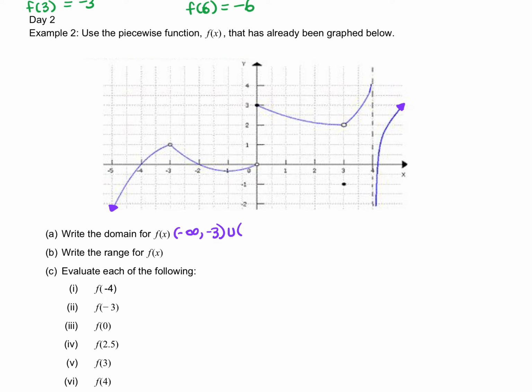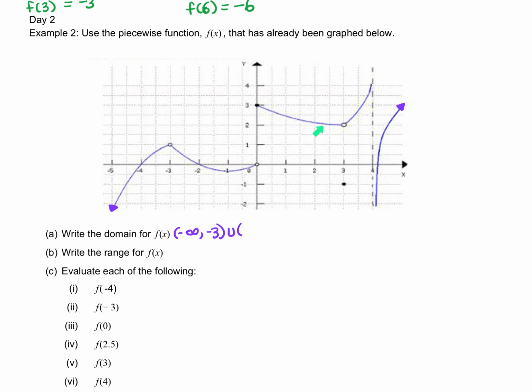Now, I'm going to pick up on the other side of -3. And I'm going to continue to travel along this function using all of those x values until I get to 0. However, I don't need to say we can't include 0 because look, up here we actually do have a value for 0. Okay, so we're still good. From -3, we don't have anything we need to worry about.